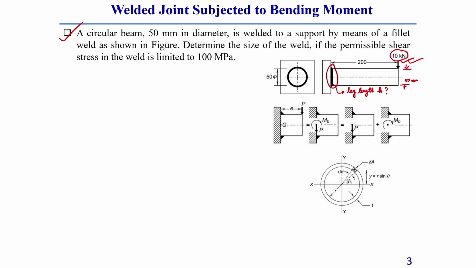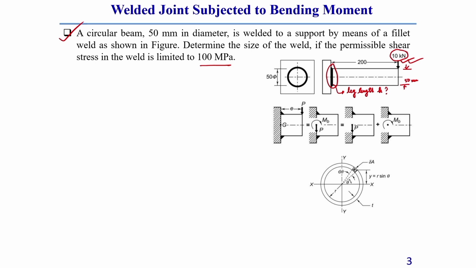Here the permissible shear stress of the weld is given as 100 MPa, that means this is the allowable stress. This much maximum stress we can apply in this welded joint, that is called allowable stress. I have already told you in detail what allowable stress is. Okay, so we need to solve this problem.